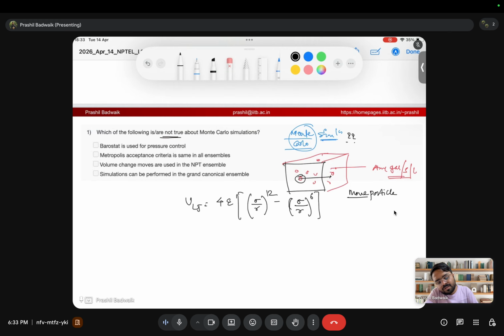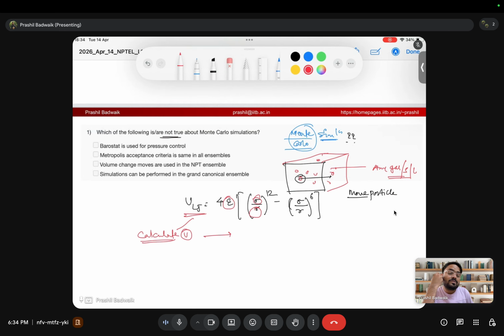I know the distance between each pair, and if I know the diameter of the gas and the polarizability, which are experimentally available, I can calculate the interaction energy. That is U, and then I perform a displacement or any other move.